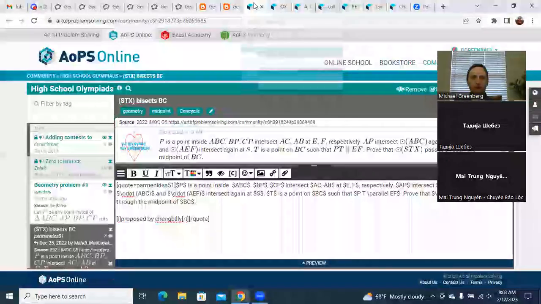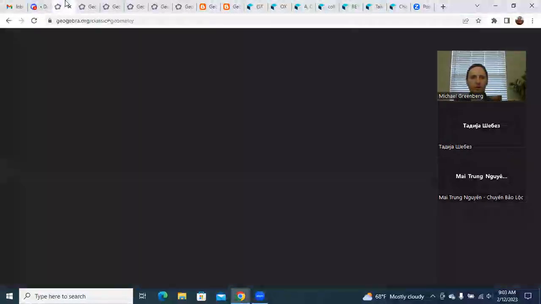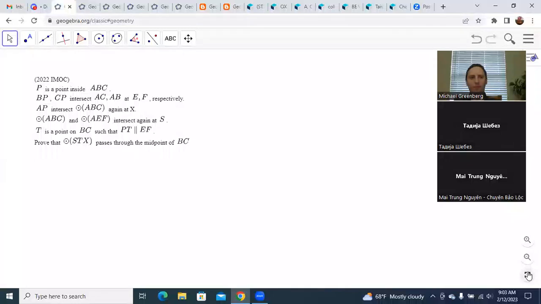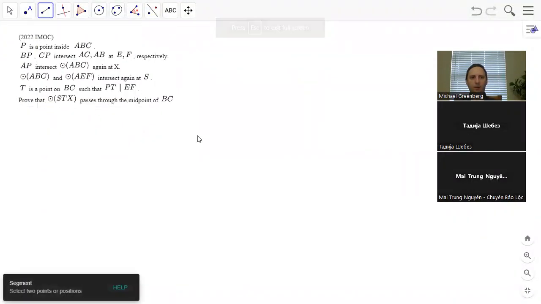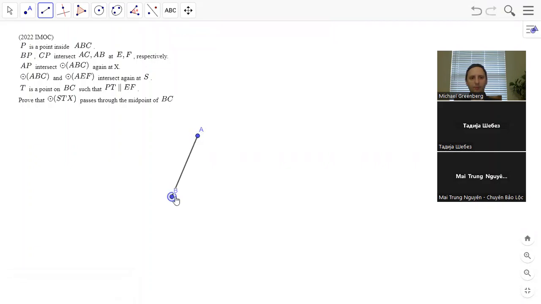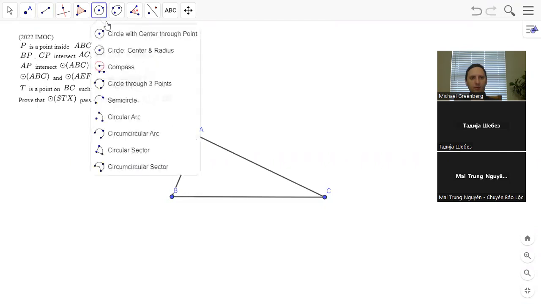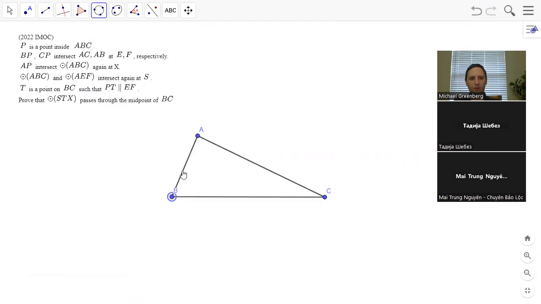All right, so here is the first problem. We start with any point P inside of a triangle ABC, and we draw the circumcircle of ABC.